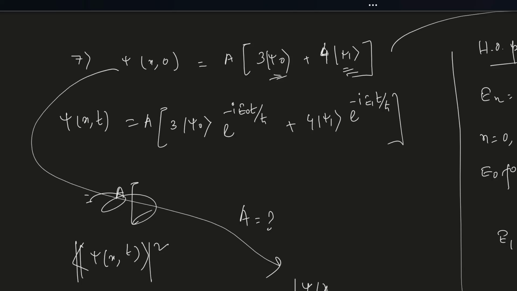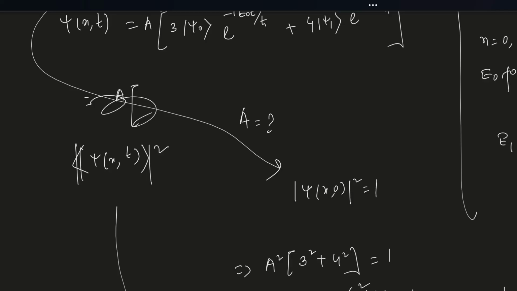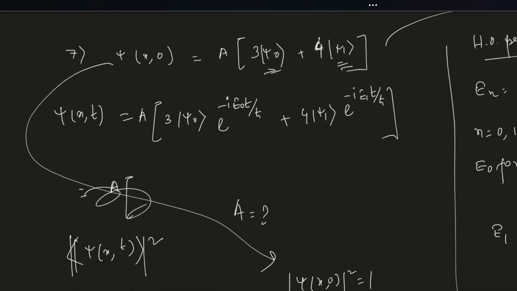So psi x comma 0 whole mod square equal to 1, or a squared times 3 squared plus 4 squared, because the rest of the terms are 0 as they are orthogonal as mentioned in the question. So these terms are 0. So this is a squared times 3 squared plus 4 squared equal to 1. So this is 25 a squared equal to 1, or a equal to 1 by 5.